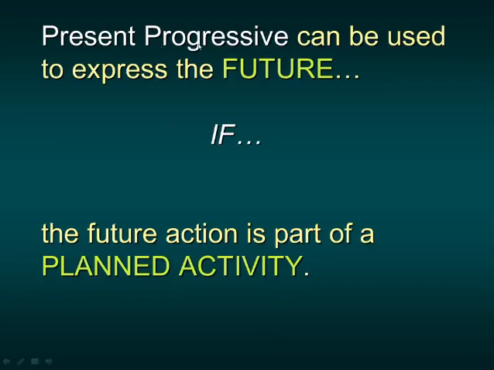Present progressive can be used to express the future. Next we are talking about present progressive. That is future if the future action is part of a planned activity. Future: the past is already gone. What is future? It is not finished yet. It is not done yet.